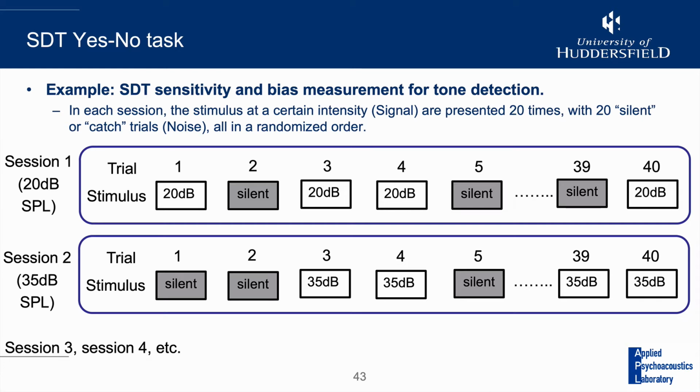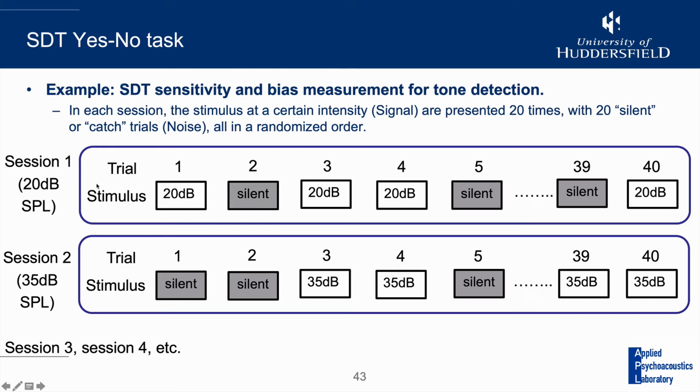So in this example of a yes-no tone detection task, in session 1, we present the 20 dB tone stimulus 20 times, but we also include 20 silent trials, and they are intermixed within this session.